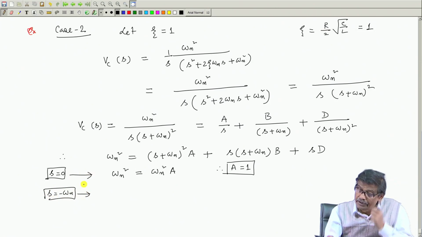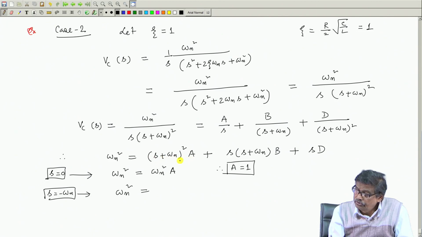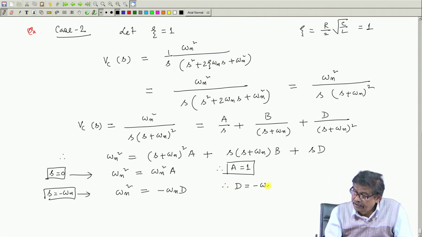Left hand side remains omega n square. Here a goes, b goes, and you are left with minus omega n into d. Therefore, d is equal to minus omega n.